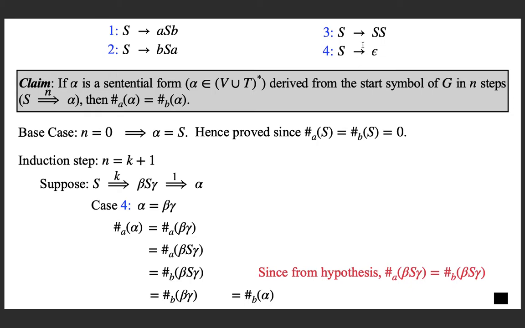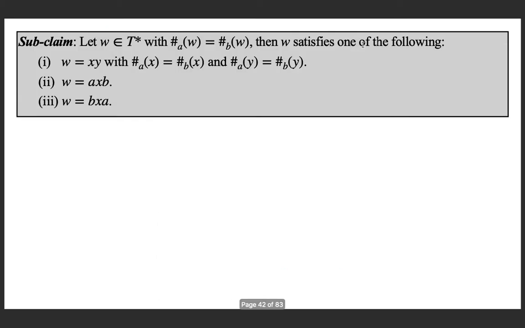So for that, we will be proving a subclaim about a string in the language before we go for proving the completeness claim. Here is the subclaim, which claims that if W is a string in the language, that means if W contains an equal number of A's and B's, then W must satisfy one of these 3 conditions.